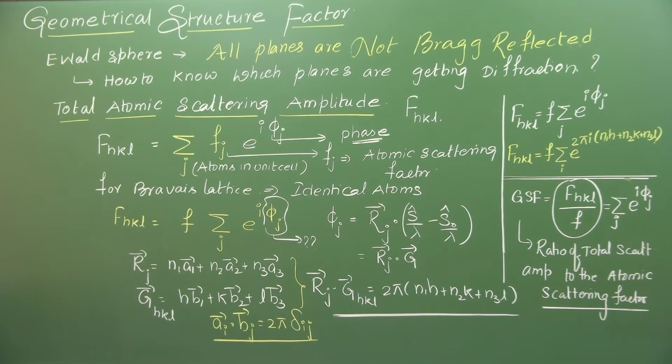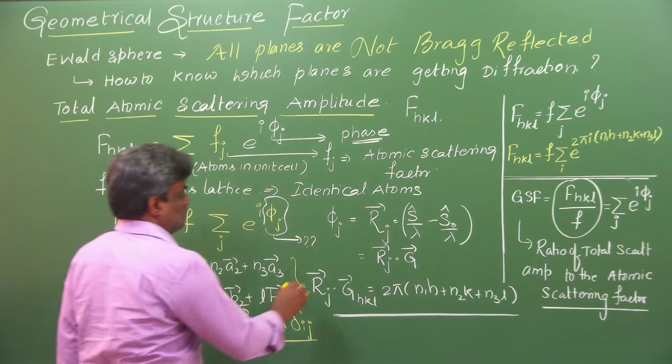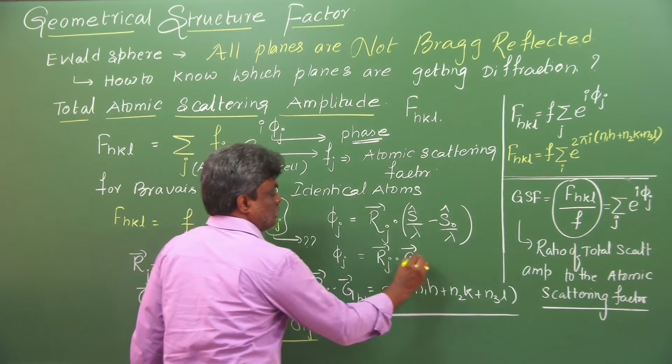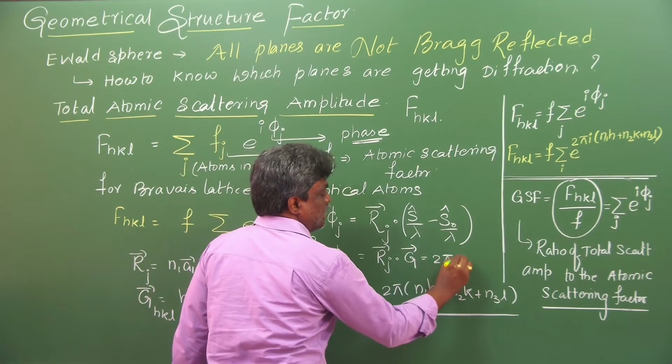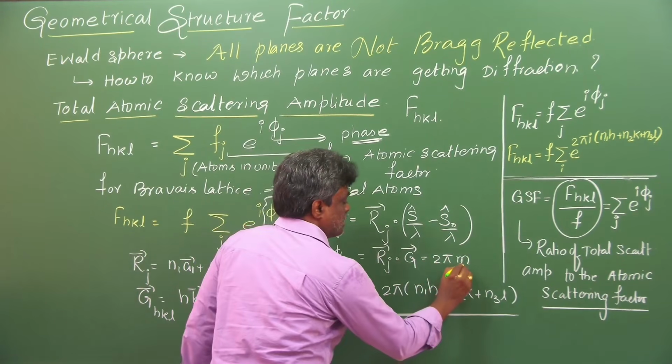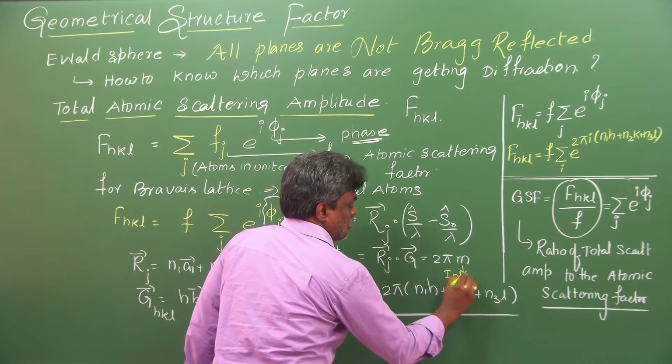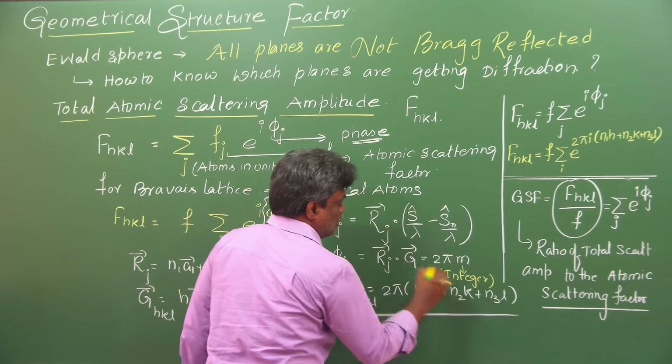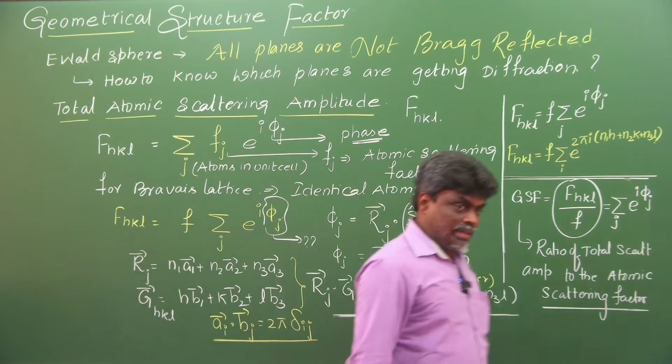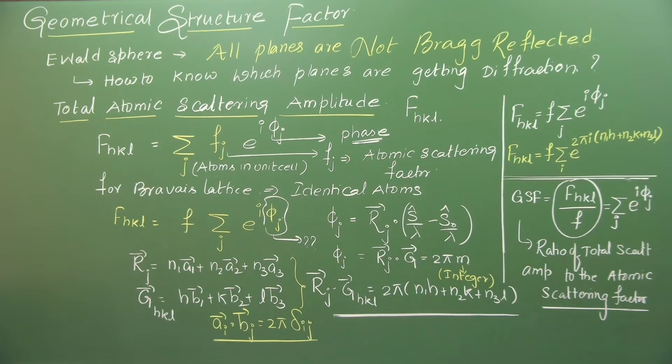Phi is that phase 2 pi m, where m is an integer. This is an integer. This is 2 pi m, where m is an integer. I hope you know this is called the Laue condition of diffraction. How do you know that pronunciation?